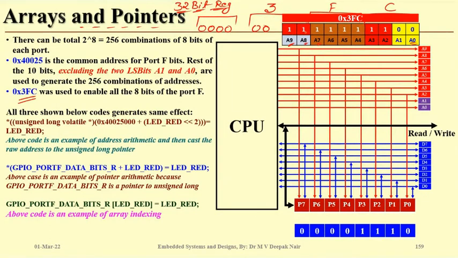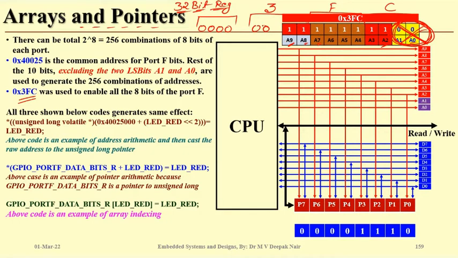So 1 1 1 1 1 1 1 1, okay, up to A2 to A9. We can keep 1 1 1 1, and then remember these two bits A0 and A1 are not used for alignment purpose. So these two are not used, so they are kept 0 0. Okay.